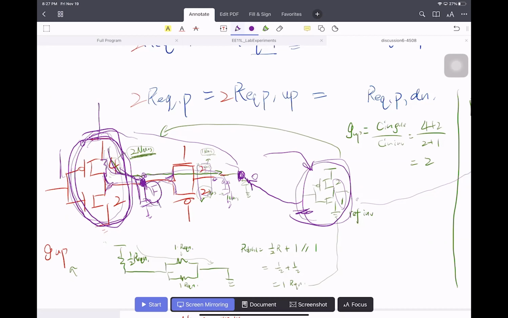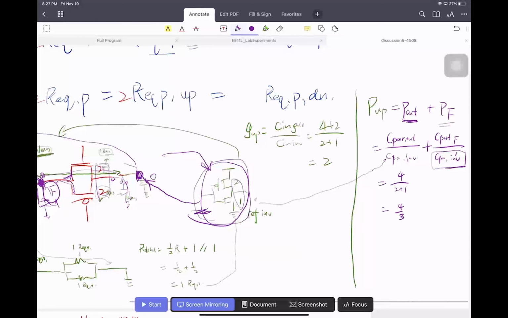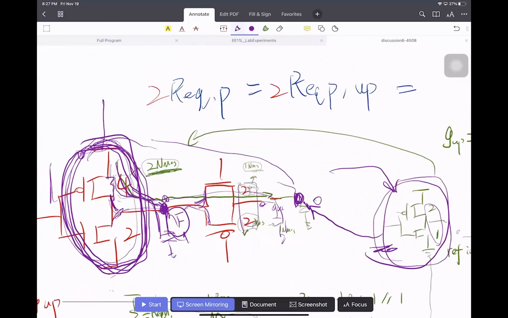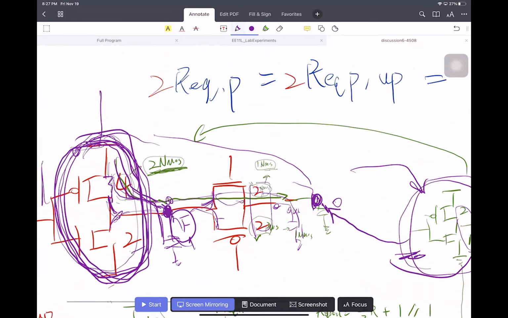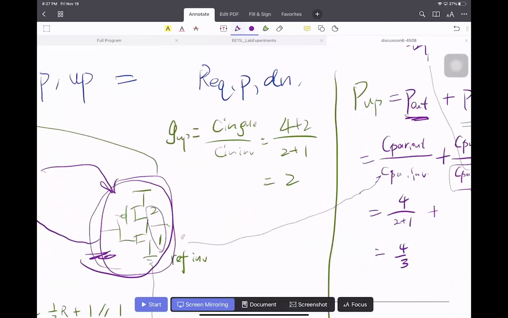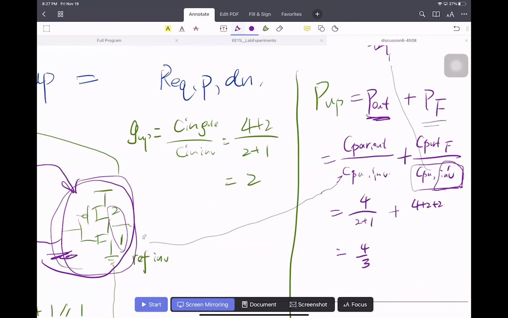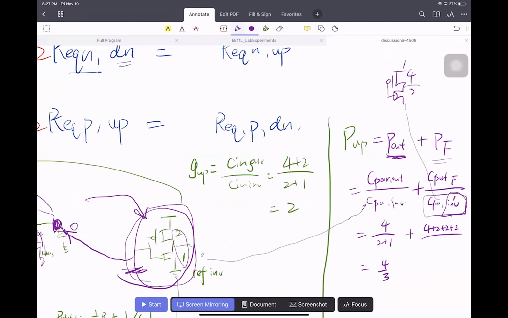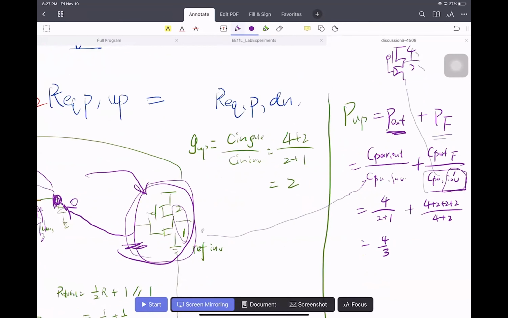But if we calculate the delay for node F, the reference inverter should be this one because you use this to charge the output. So the inverter prime should be a 4-to-2 inverter. So the C parasitic of node F is 4 plus 2 plus 2 plus 2. That's the total junction capacitance here. Divided by the reference inverter's parasitic capacitance, that is 4 plus 2. So add these two together for the parasitic delay.